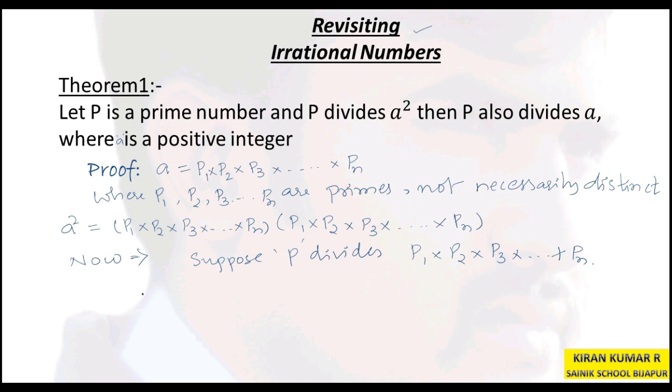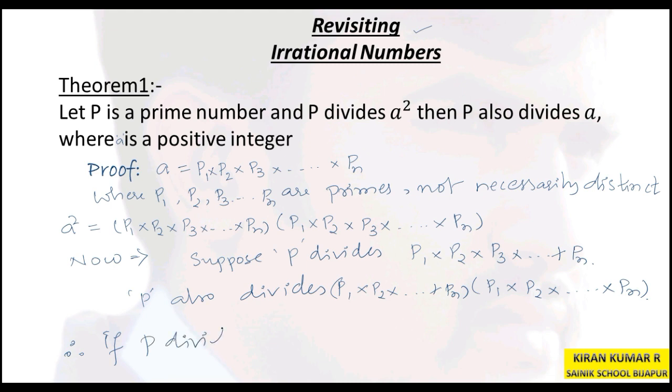If p divides that, then p also divides p1 into p2 into so on till pn, multiplied by p1 into p2 into so on till pn. Therefore, if p divides a, this implies p also divides a square.